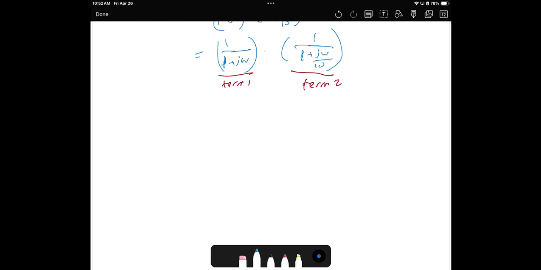So, 1 plus j omega. What's happening? Term 1, the cutoff frequency is at 1. Term 2, the cutoff frequency is at 10.